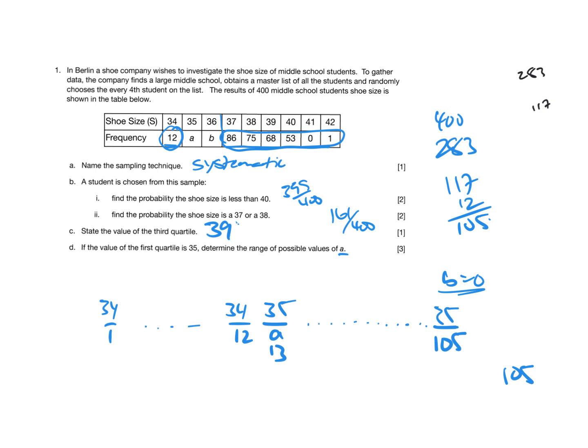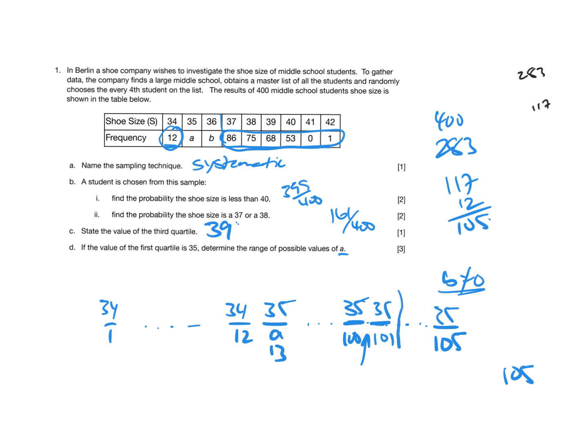However, if B is not 0, then we want to know how far I need these values to go: the 100th position and the 101st, because the quartile is between those two. So this has to be 35, as does this value.